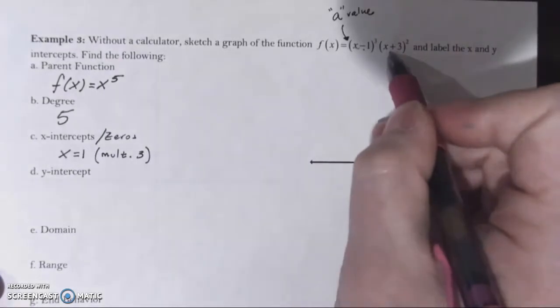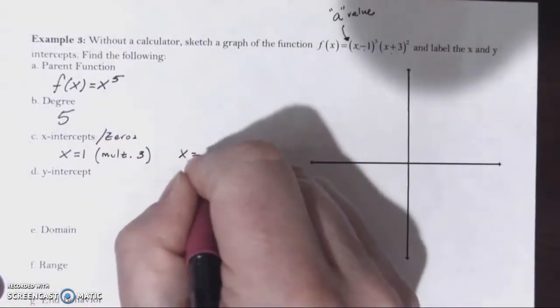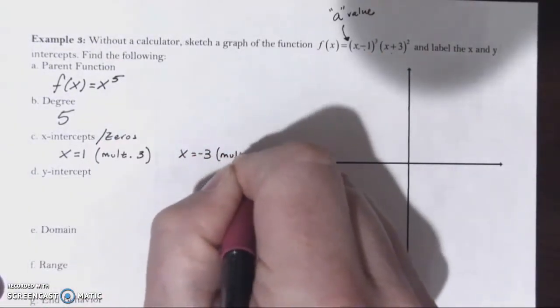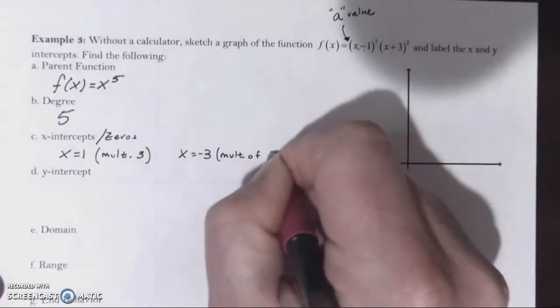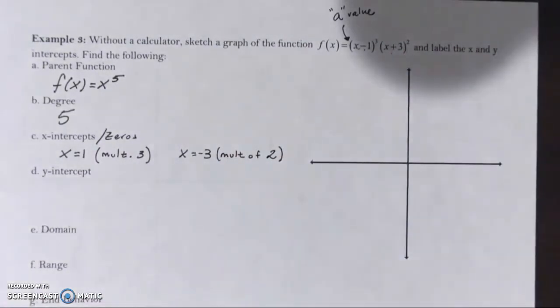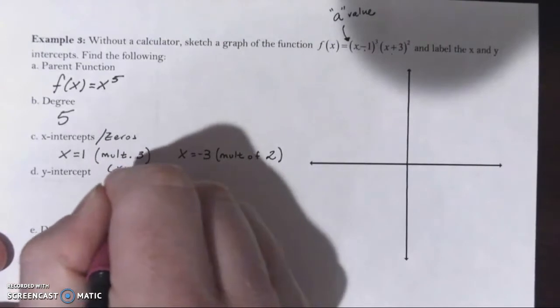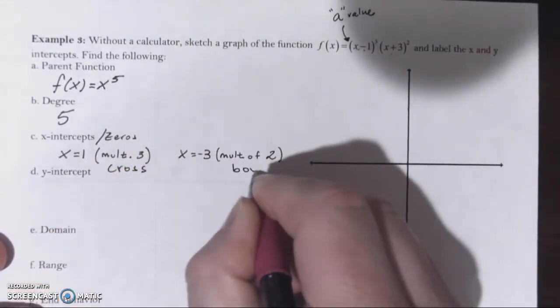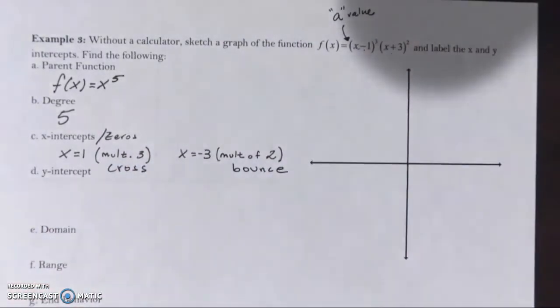We also have a 0 of negative 3, and the multiplicity of that 0 would be 2. Probably the most important part of the multiplicity is whether it's even or odd. So here we're going to cross, here we're going to bounce. We'll get that when we fill in our graph.